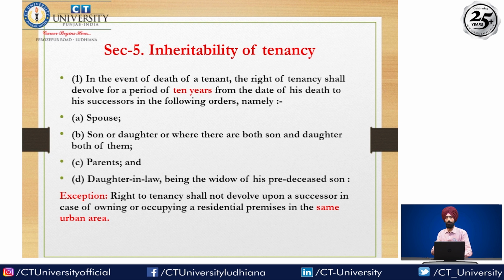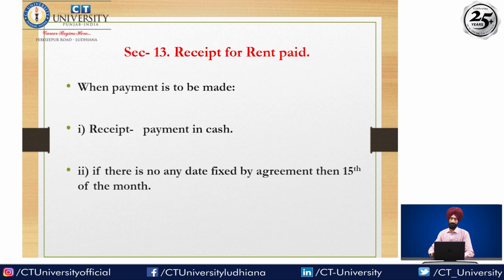Meaning to say, the landlord can evict the tenant on the ground that the successors own other residential property where they can reside, situated in the same area. Then why are they residing at this place? That is basically the ground, and it is a challenge by the landlord against the tenant. So now Section 5 is over. Next is Section number 13. Section 13 deals with the receipt for rent payment.